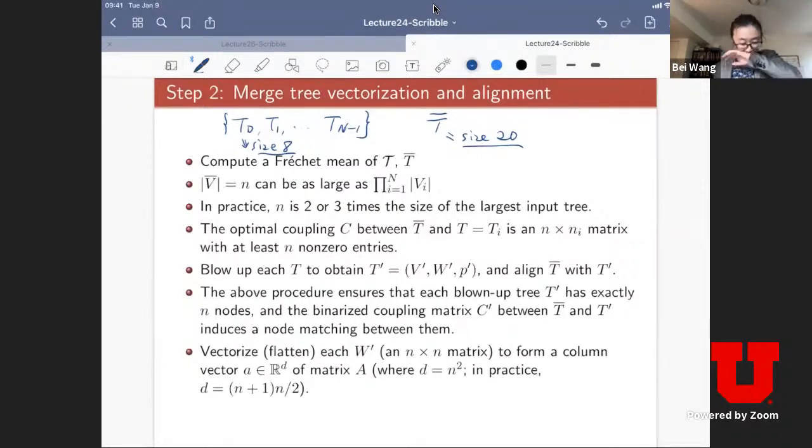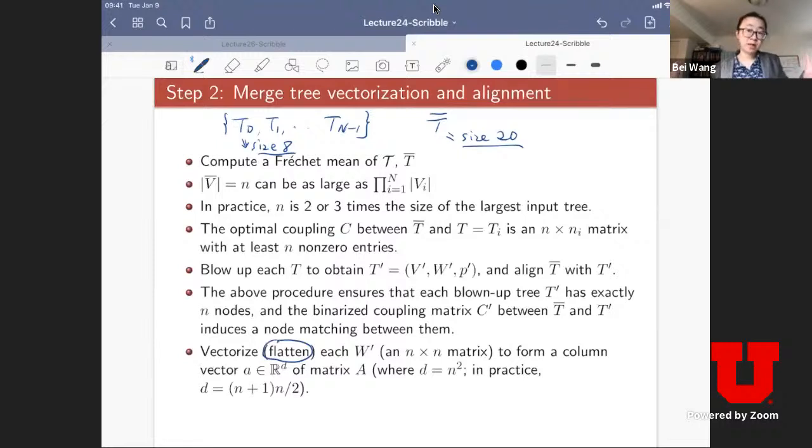Once you bring every input tree to be a tree of the same size as the average tree, then to make it into a high dimensional vector, really the keyword is flattening. You just take the weight matrices.